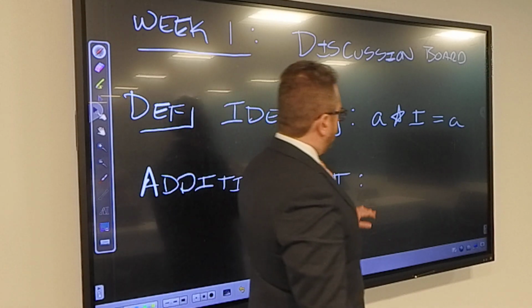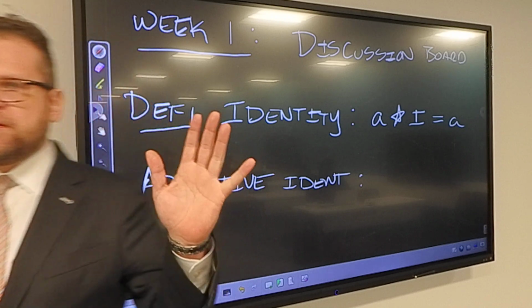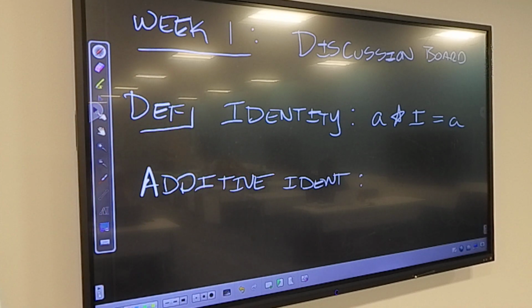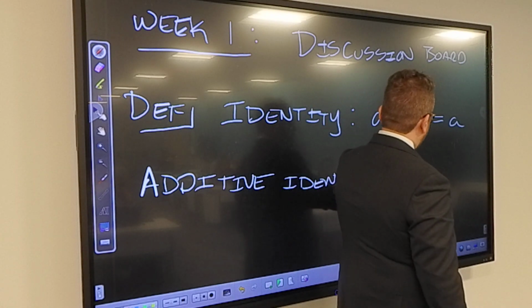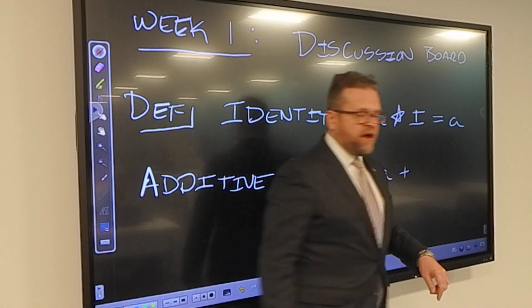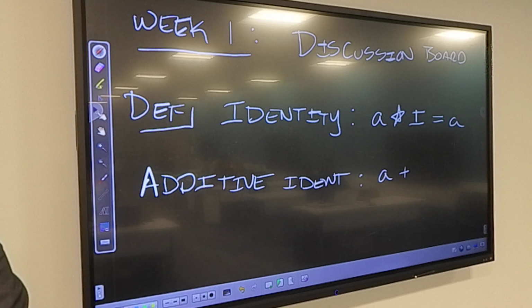It's the number such that if I took any randomly selected number you would like, and my operation is addition, and I add this identity, it comes out identical.